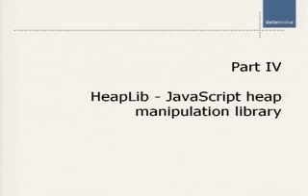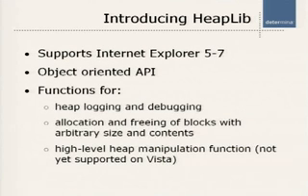So I have implemented this technique in this library called heaplib, and it exposes a number of different functions for manipulating the heap. The 2 most important ones are alloc and free. They implement the plunger technique, so you don't have to worry about any of this.